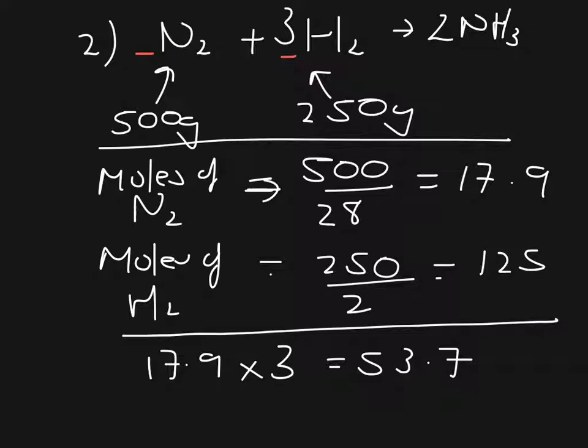So it looks like hydrogen is in excess because I've got 125 moles of it, when to react with my 17.9 moles of nitrogen, all I need is 53.7.